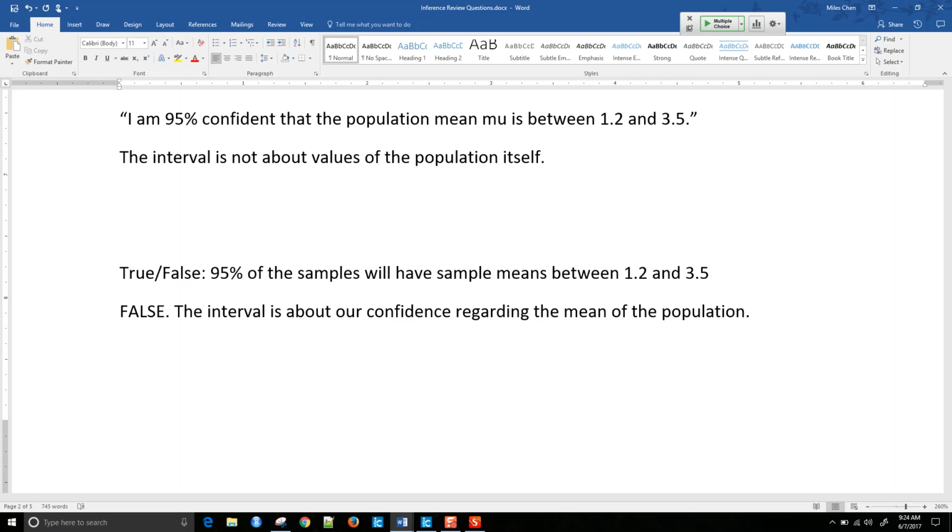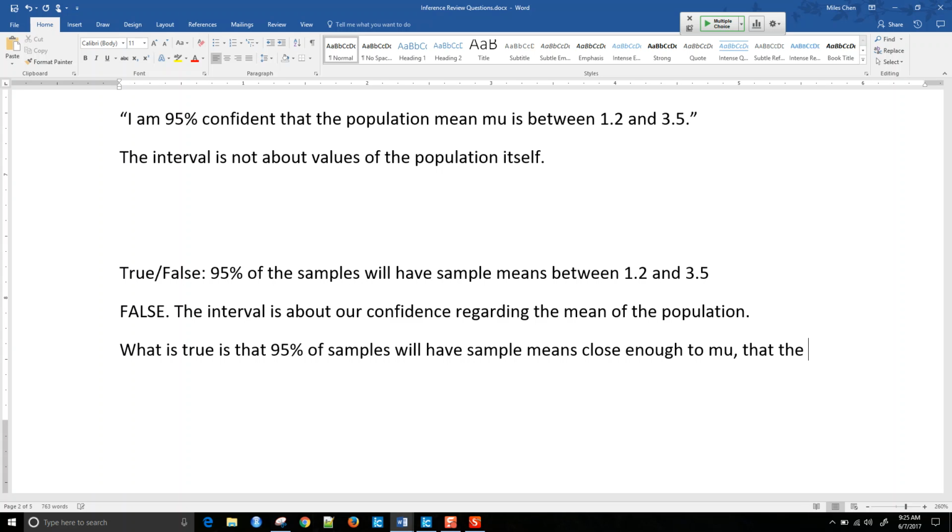So what is true is that 95% of samples will have sample means close enough to mu that the confidence interval will contain mu, if that makes sense.